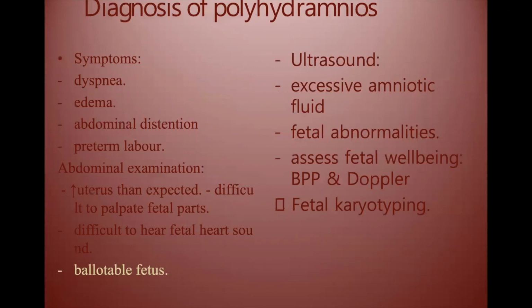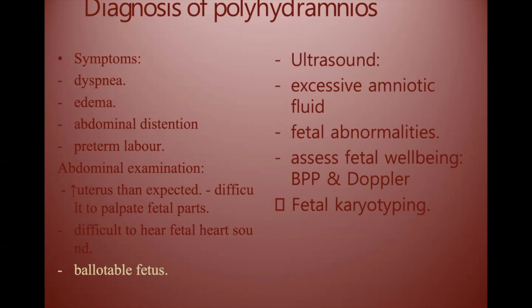Diagnosis of polyhydramnios: the main symptoms are dyspnea, edema, abdominal distension, and preterm labor. During the abdominal examination, we will see that the uterus is bigger than we expected.